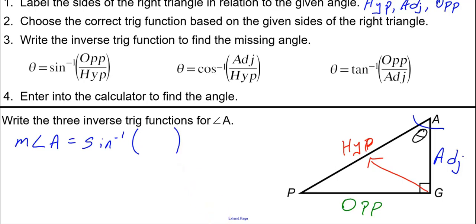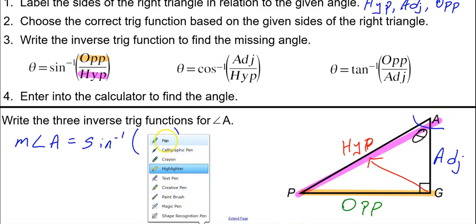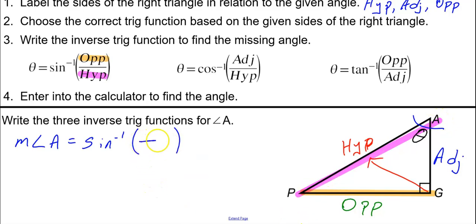So here's my opposite side, and there's my hypotenuse. So inverse sine is going to be the length of PG over the length of PA.